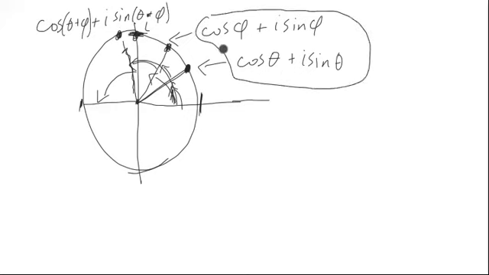So if we multiply these two together, let's see how that works. Let's just do it the way it is here. We get cosine phi plus i sine phi, and let's multiply it by cosine theta plus i sine theta.